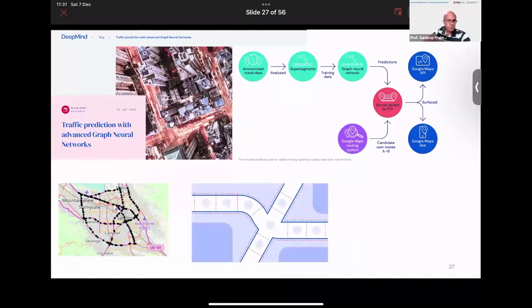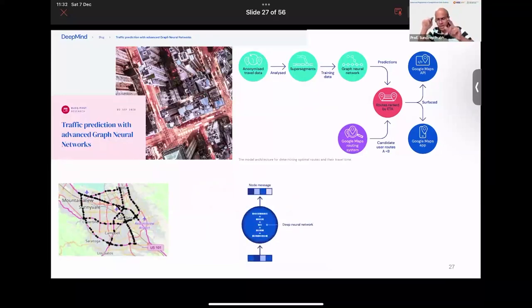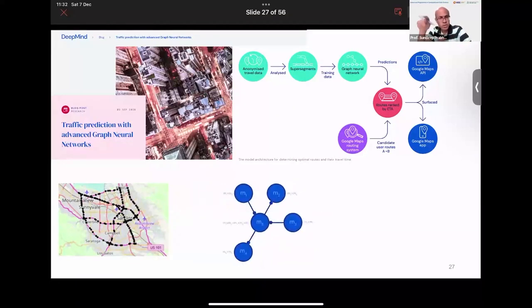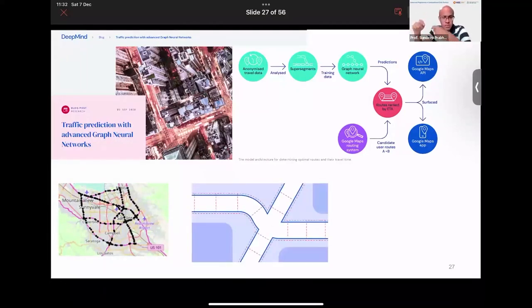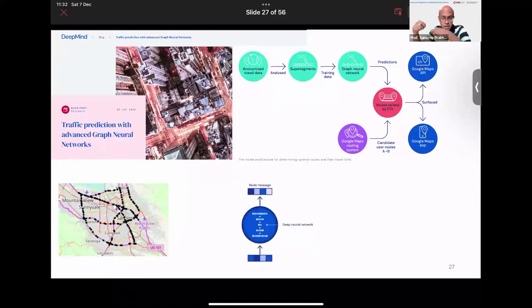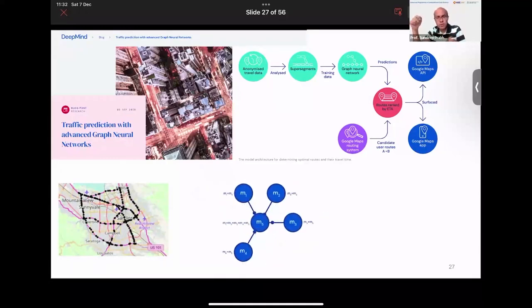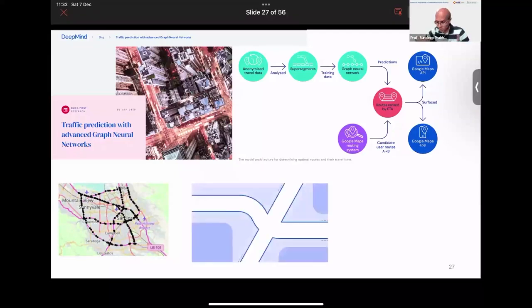Whenever you search for a destination, you get a couple of routes, and it also gives you an expected time of arrival, right? In some cases, depending on all the feedback mechanisms, the ETAs can be quite reliable, but it's also subject to noise based on the instantaneous measurements that Google makes.